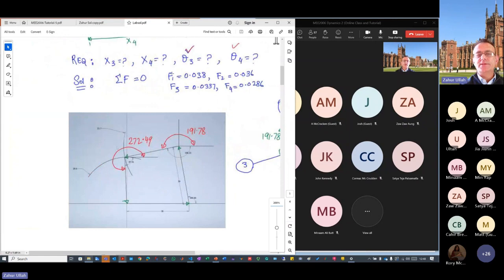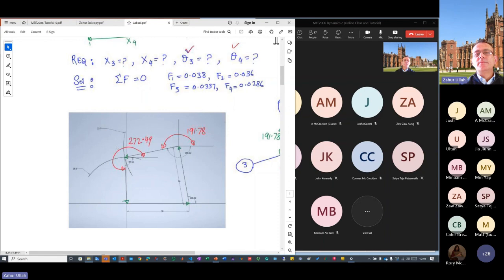So what you do here is open your compass equal to, for example, F3. Here it is 33.7. So you open the compass, and from here to here you draw this arc. Or you can draw a circle of radius 33.7, which is this circle here.